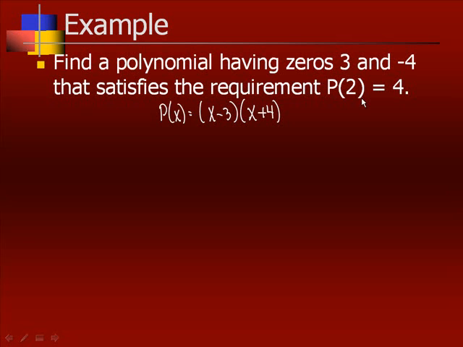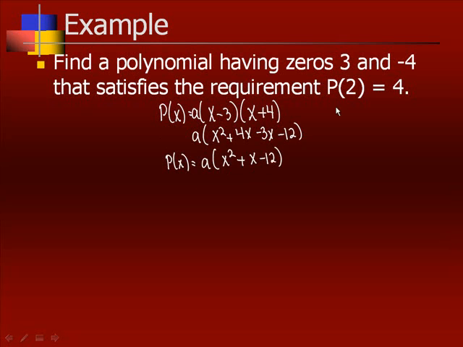Now, it also has to satisfy the requirement that p of 2 is 4, which means we're going to have some constant a out front. So we would get a times x squared plus 4x minus 3x minus 12, or p of x is equal to a times x squared plus x minus 12.